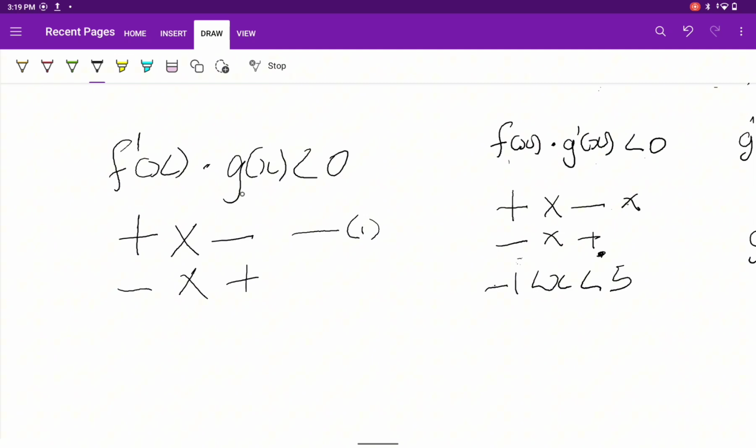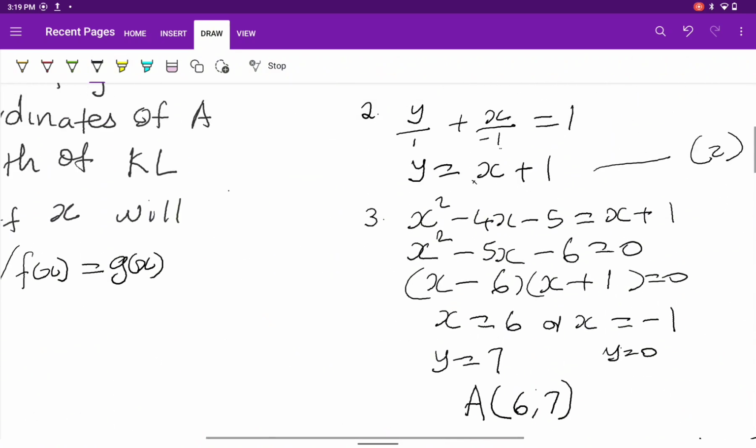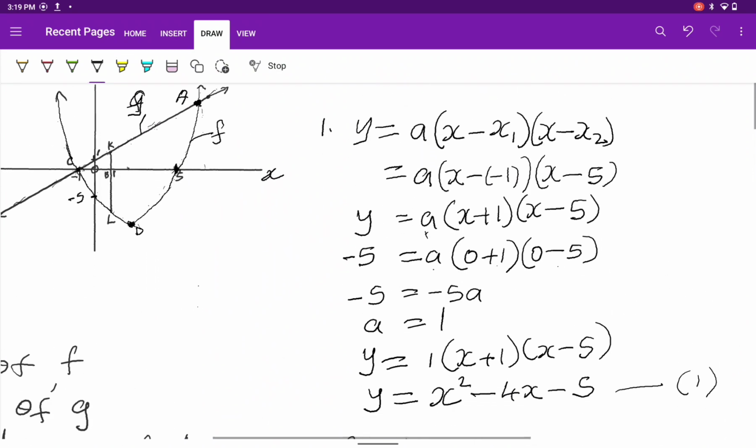So it means the g must be below the x-axis. So we want a situation where the f graph is increasing. Can you see? The f graph is increasing from this point here. So in other words, it's increasing from 2 upwards.